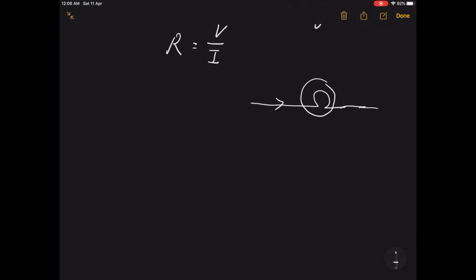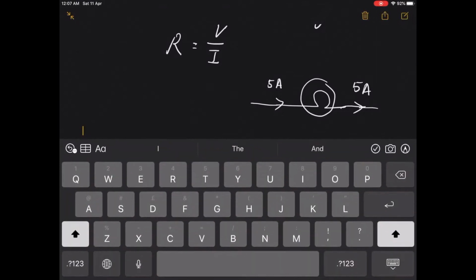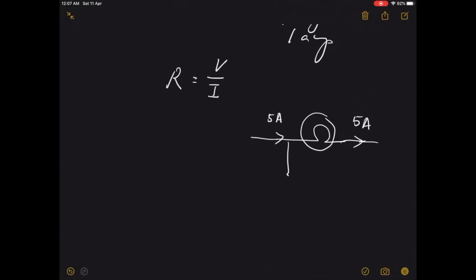And the current passing through before is 5. Most students thought that after should be less than 5. No, it must be the same. Just like the amount of blood that goes to your heart and the amount leaving has to be the same. If not, your heart is going to explode, okay? And by putting a voltmeter, you get a reading of, let's say, 12 volt.